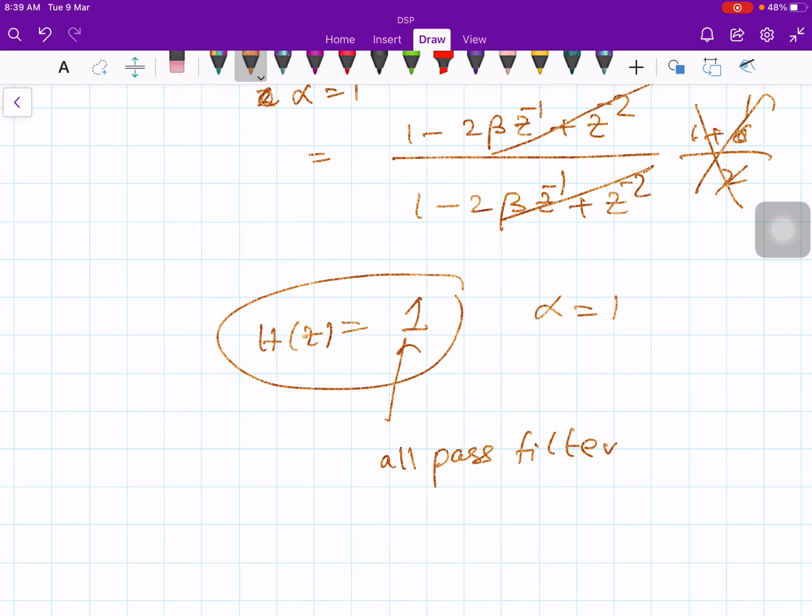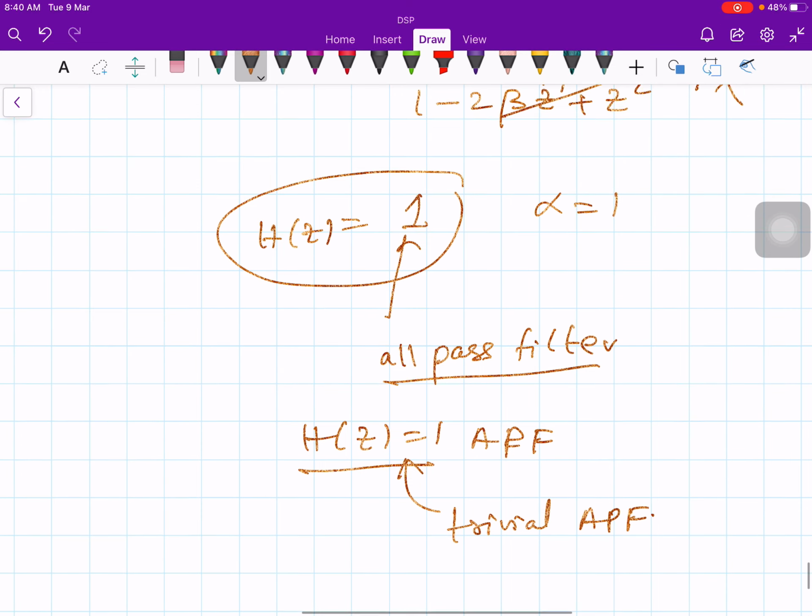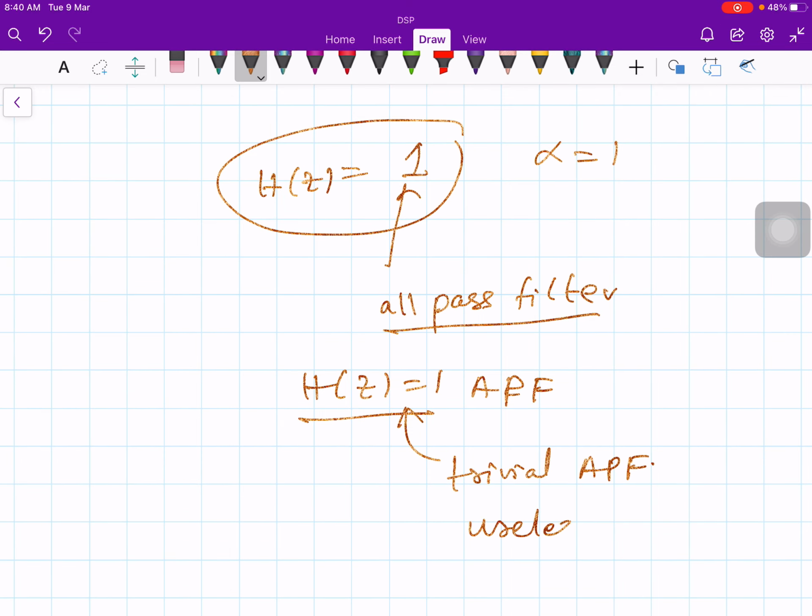And even though you get an all pass filter, this filter is useless. It is trivial. When you get the transfer function H(z) equal to 1, this is of course an all pass filter, APF, but this is a trivial, useless all pass filter. A straight connection is also an all pass filter. Agreed?